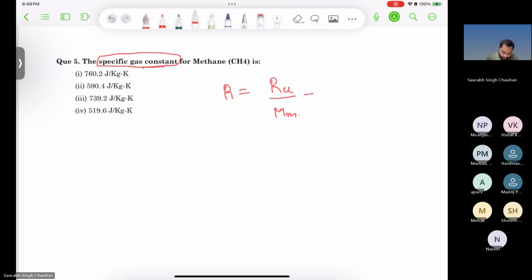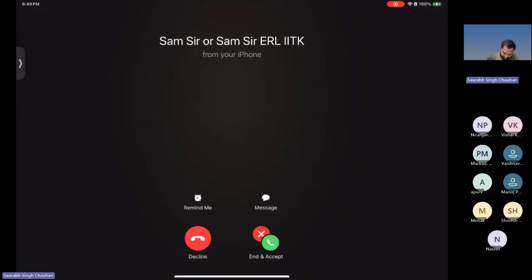So universal gas constant, you know the value. What is the value? 8.314 joule per mole Kelvin, right? And molar mass of methane is how much? Carbon is 12 plus 4 hydrogen, approximately 16.